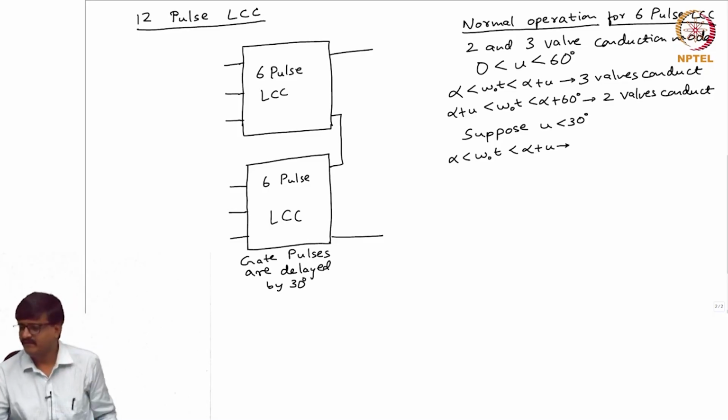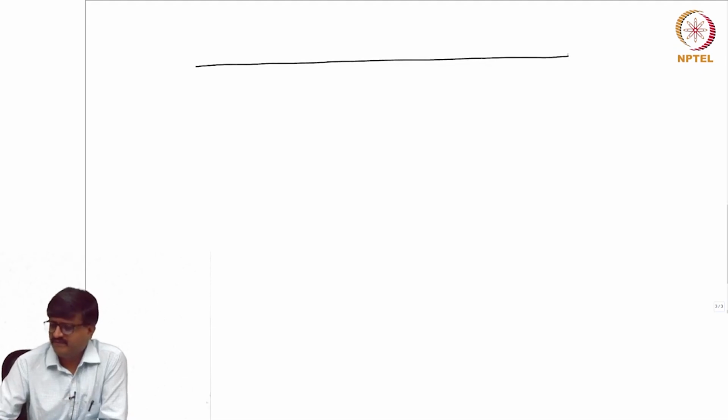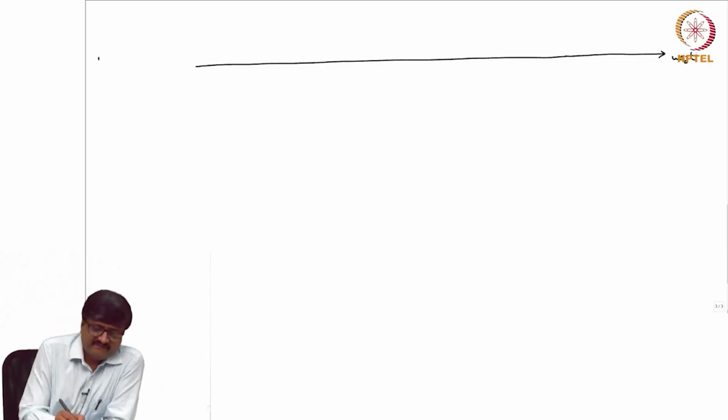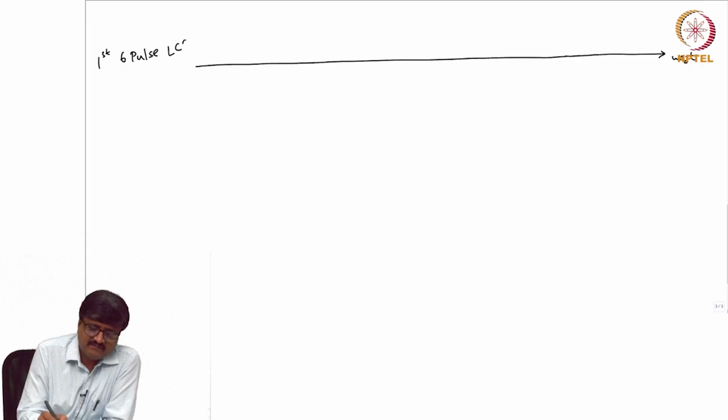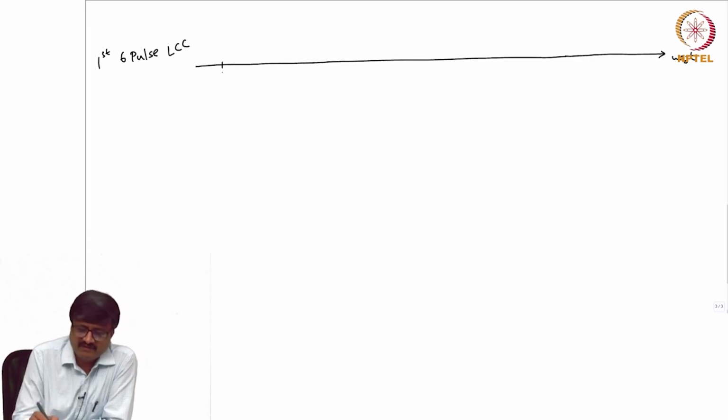Okay, let me try to draw one more diagram. Suppose this is omega t. This is the first 6 pulse LCC. Suppose this is alpha.